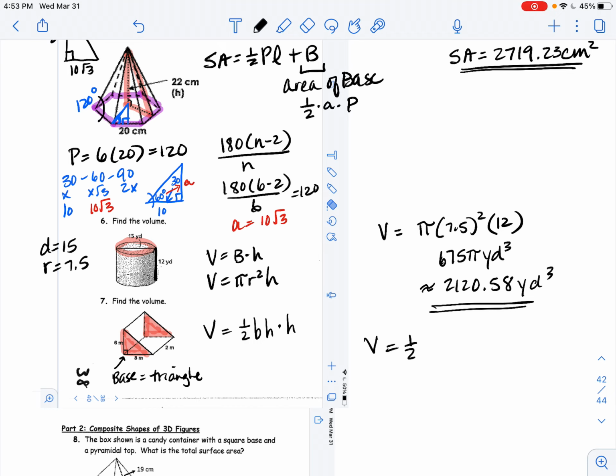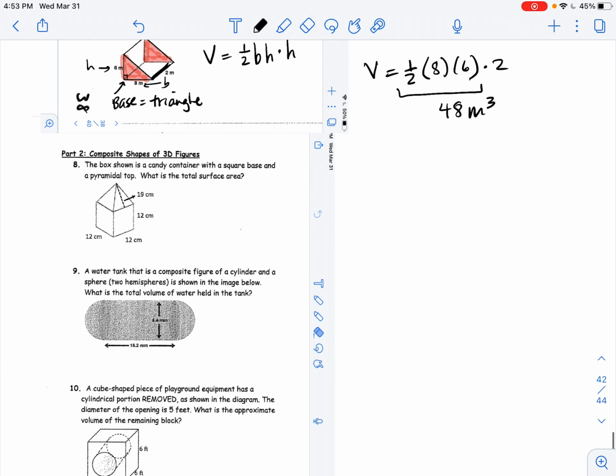So in this case, my volume is 1/2 times the base, which I'll call this, and this my height, so 8 times 6. That gives me the area of the triangle, times the height of the prism, which is this guy, so times 2. So 1/2 times 8 times 6 times 2. In the calculator, that gives me 48 meters cubed.